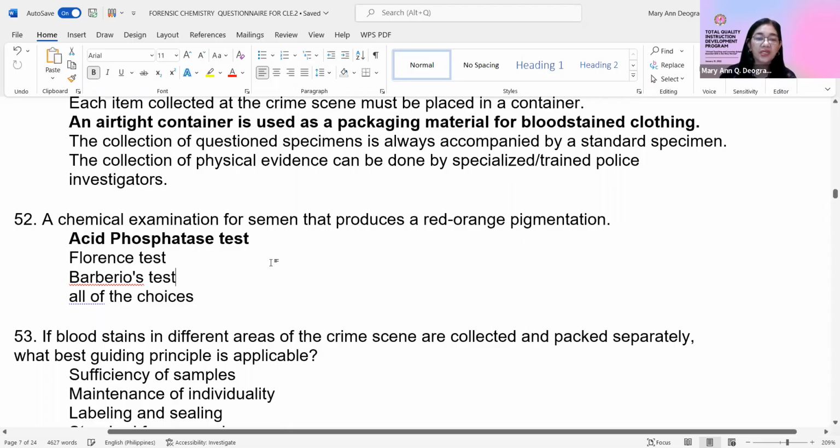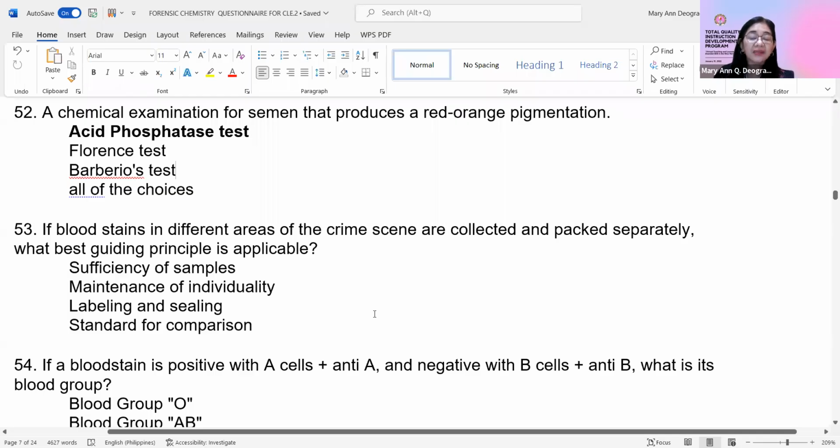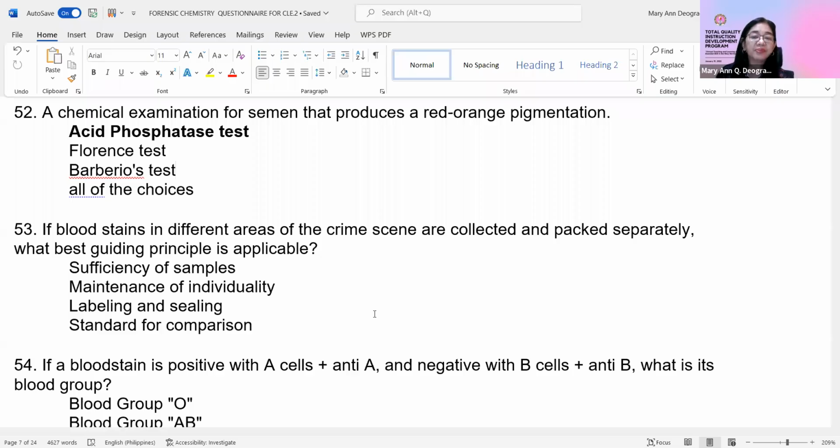So if blood stains in different areas of the crime scene are collected and packed separately, what best guiding principle is applicable? A, sufficiency of samples. B, maintenance of individuality. C, labeling and sealing. D, standard for comparison.